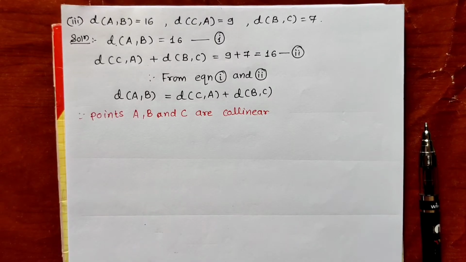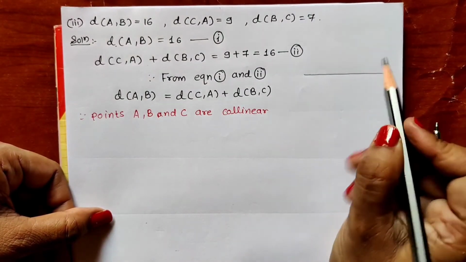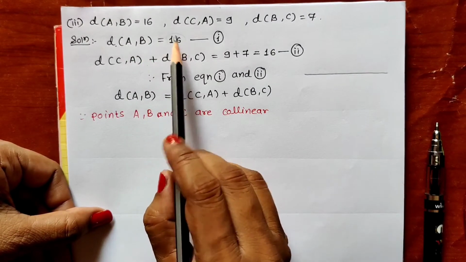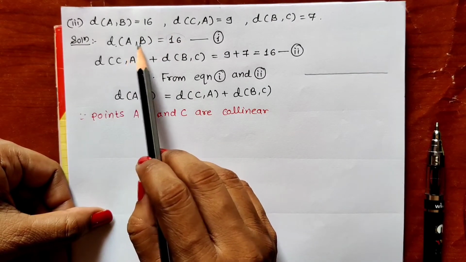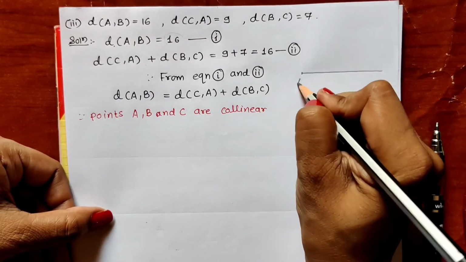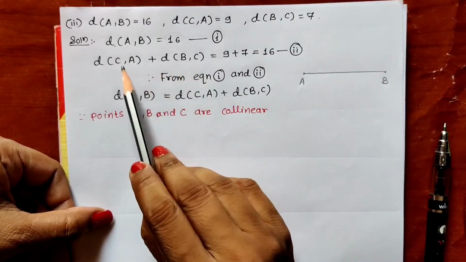So now we have got that these 3 points are collinear. We have to see which point is in between the other 2 points. If you draw a line segment, as distance AB is the biggest one, it is 16, that means A and B are the end points of this segment. And which is the common point here?